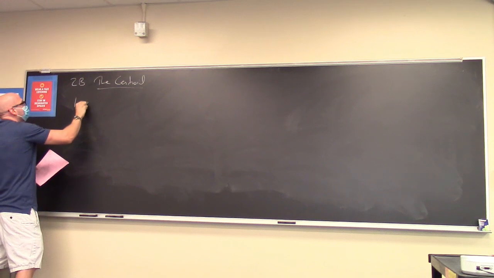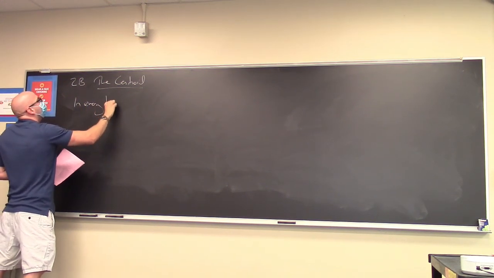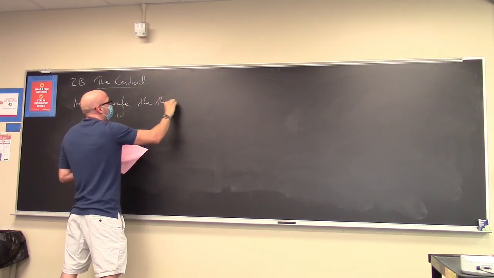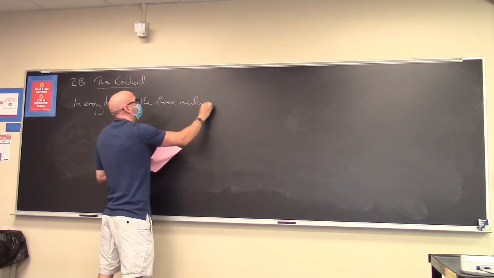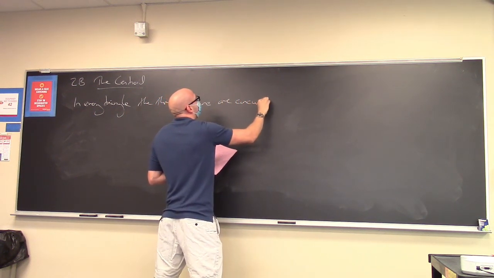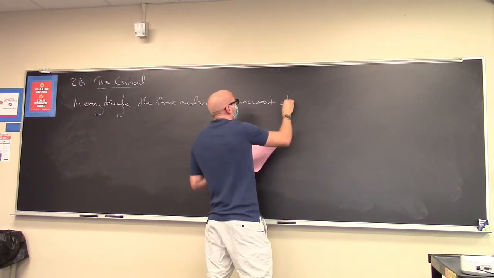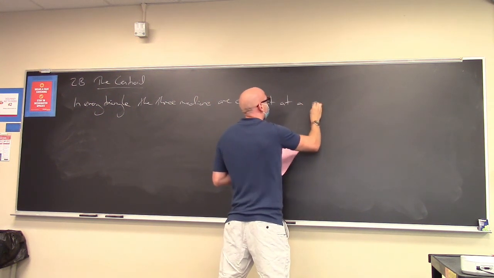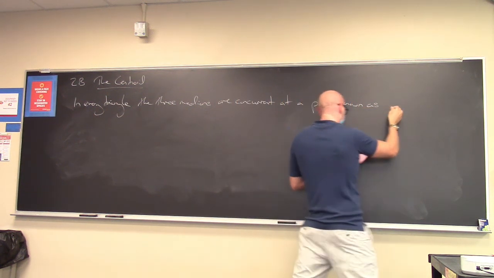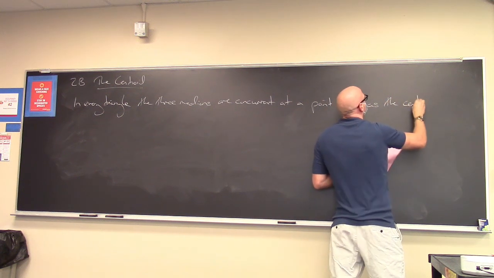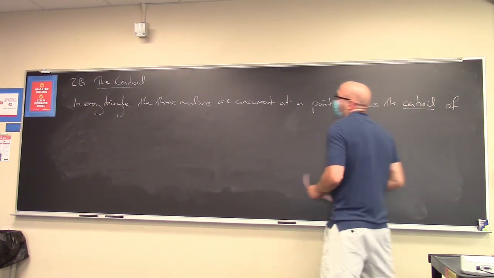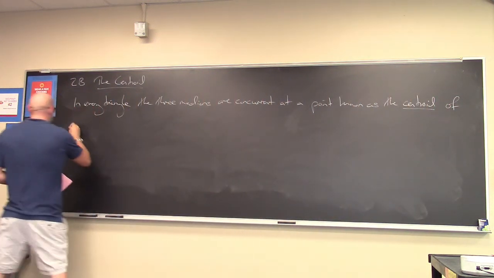Yeah, so in every triangle, the three medians are concurrent at a single point, at a point known as the centroid of the triangle.